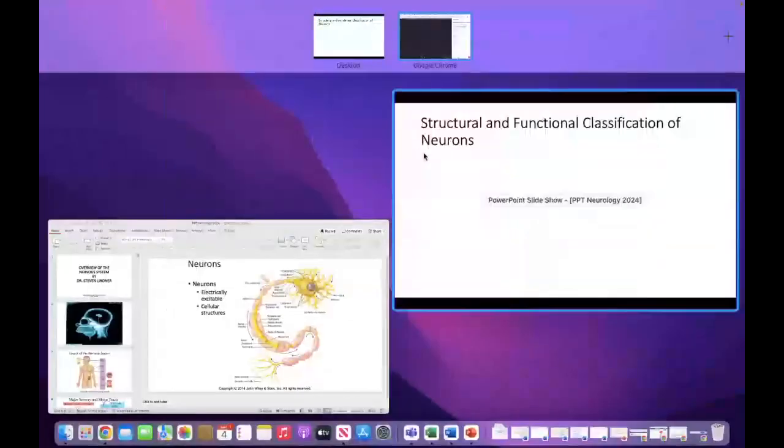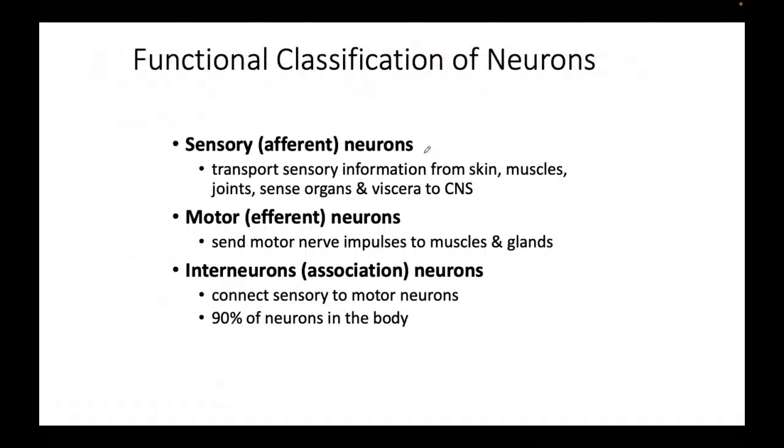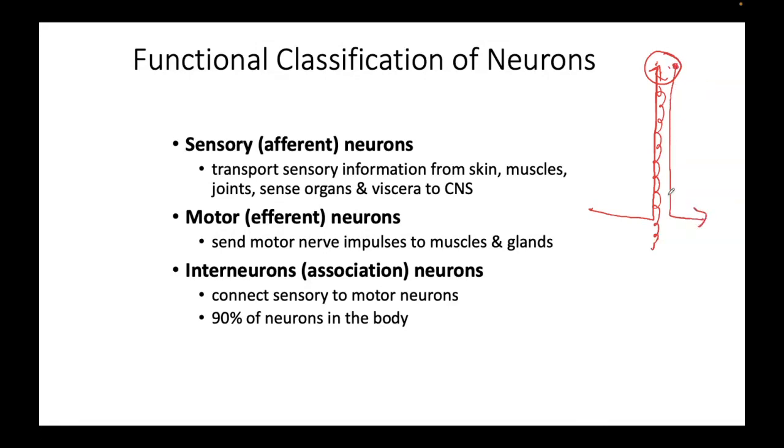In this next section, we're going to be looking at the neuron, talking about the structural and functional classification of neurons. If you think of one of my previous videos, when we looked at the brain and then the spinal cord, we said that messages can come in and go up, or messages can start in the brain, go down and out.